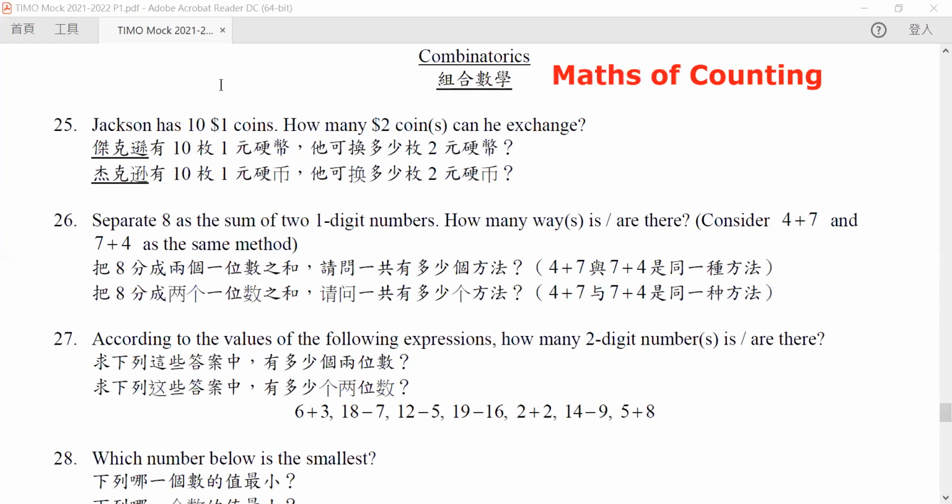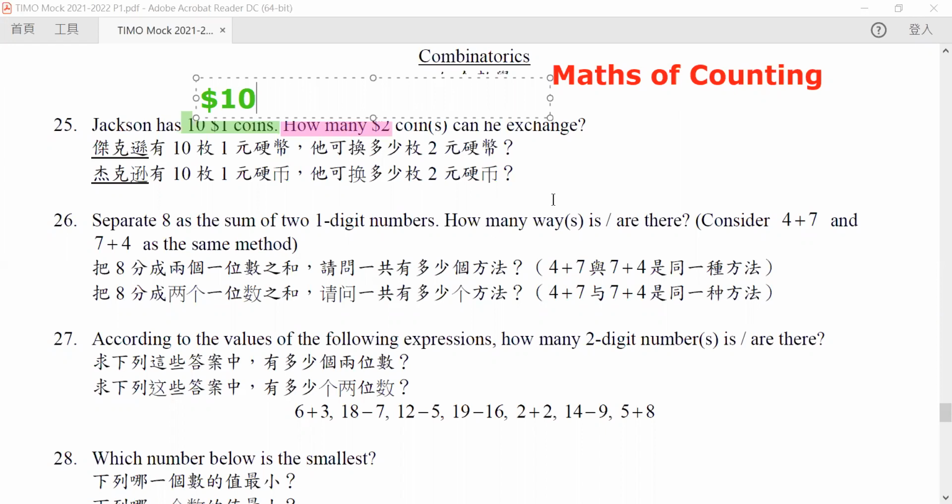Jason has 10 $1 coins. So what's the value of these 10 coins? Each of them is $1, so 10 of them will be $10, right?